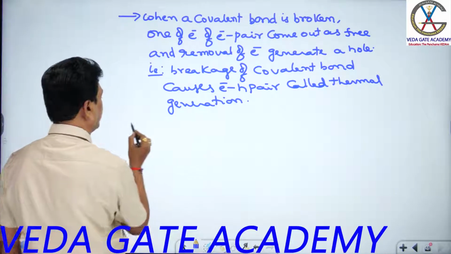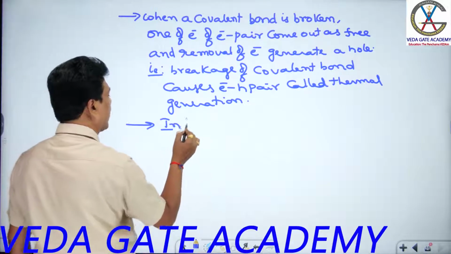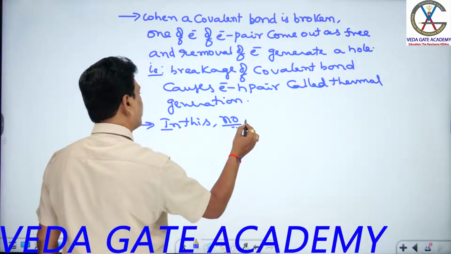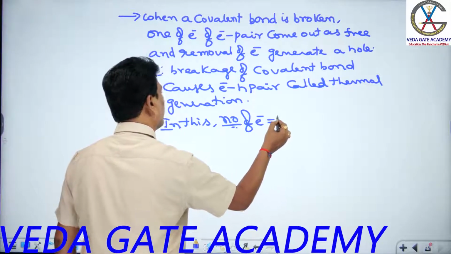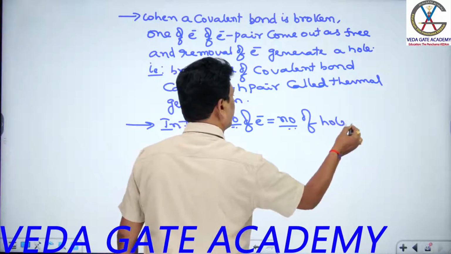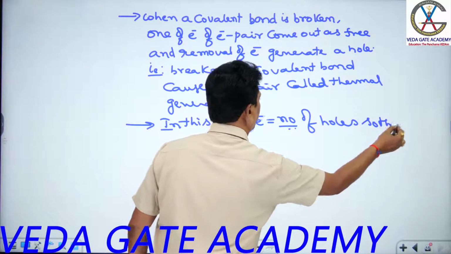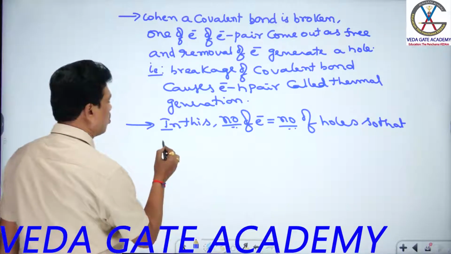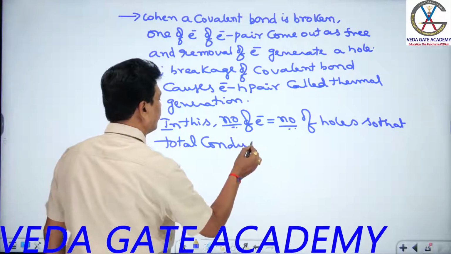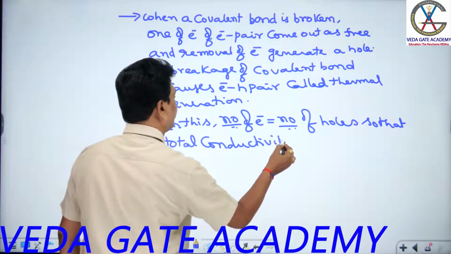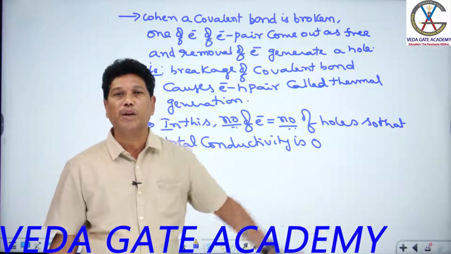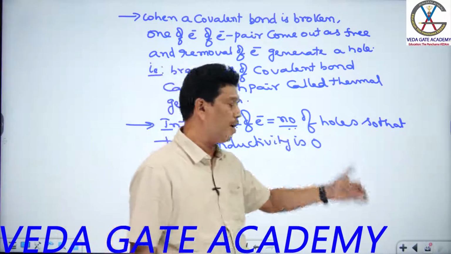So in this pure semiconductor, the number of electrons is equal to the number of holes, so the total conductivity is 0. Total conductivity is 0 in a pure semiconductor, even though you can generate the carriers.